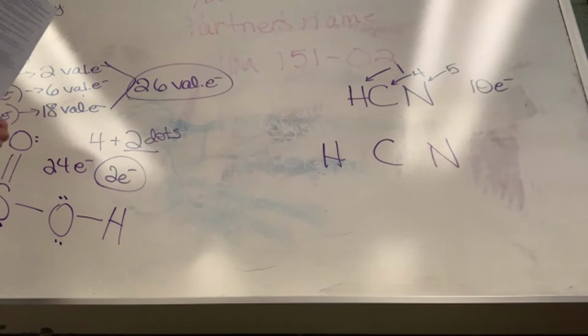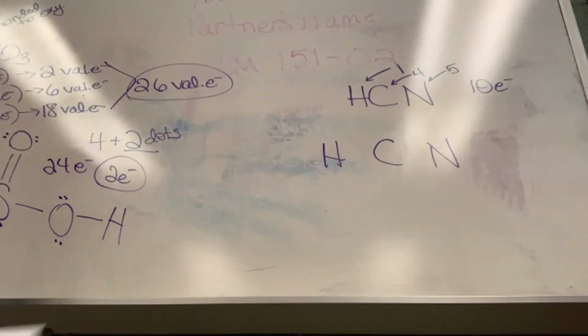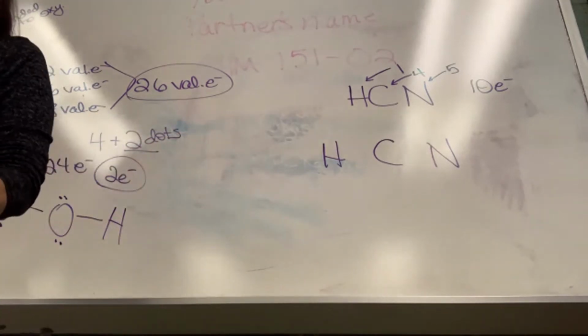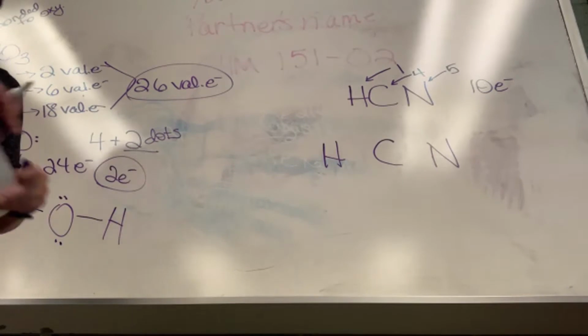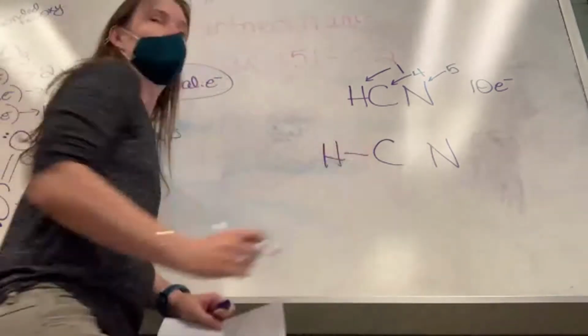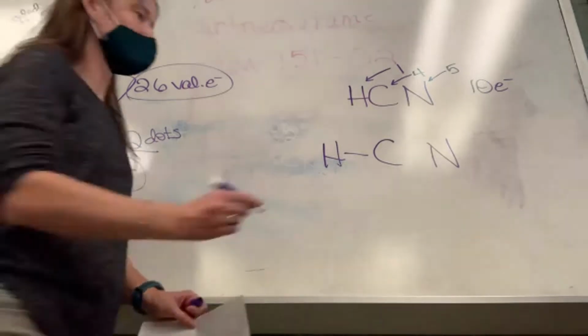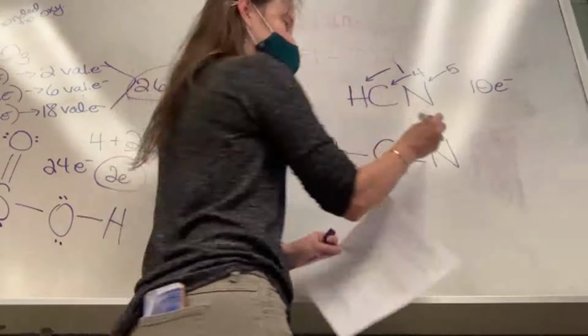So then we skip down to use the bonding rules, start with the outer atoms. What is the bonding rule for the hydrogen outer atom? It is just one bond. And what about nitrogen? 3 bonds. And 2 dots.